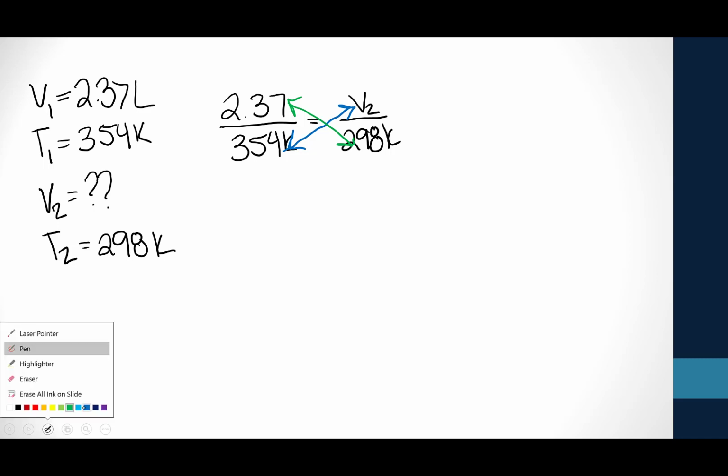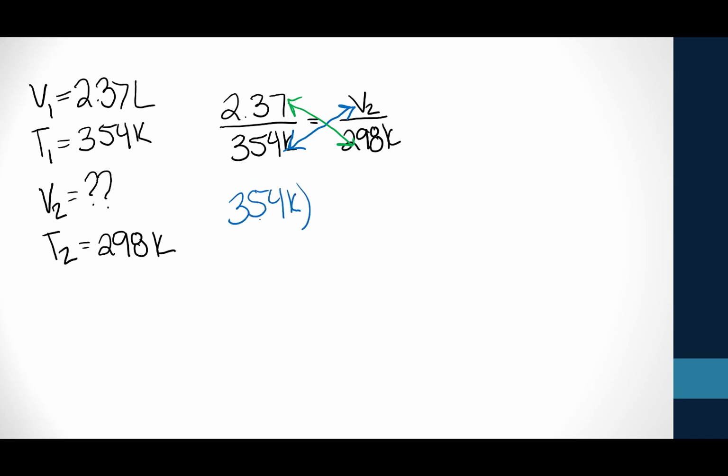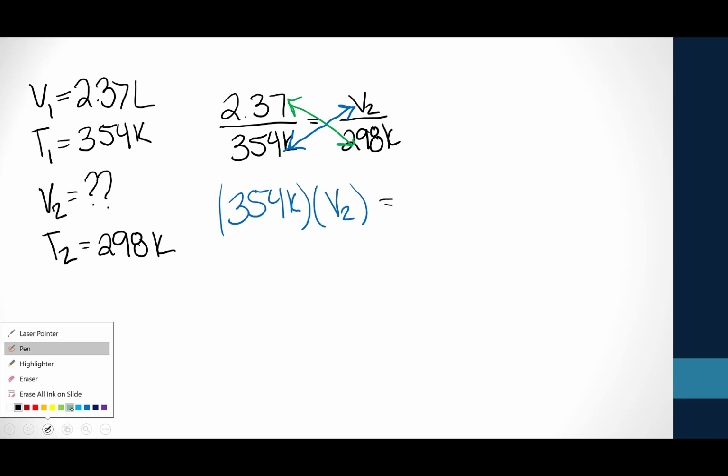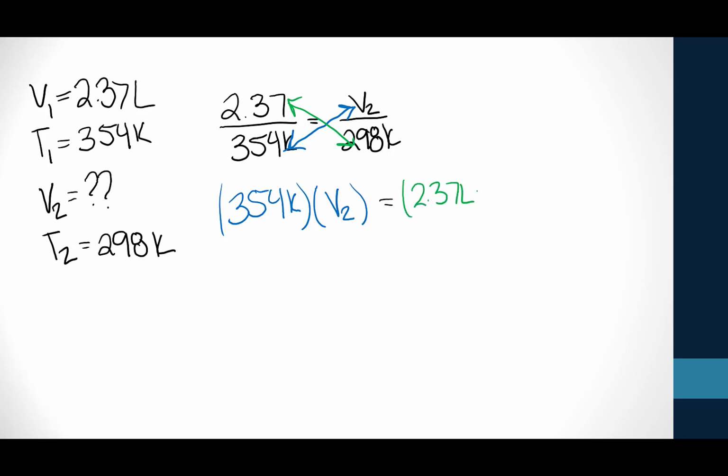So I'm going to take 354 Kelvin and multiply that by V2. Then I'm going to set that equal to the other cross multiplication, so this one is the 2.37 liters times the 298 Kelvin. Now we have a formula that doesn't have any fractions.